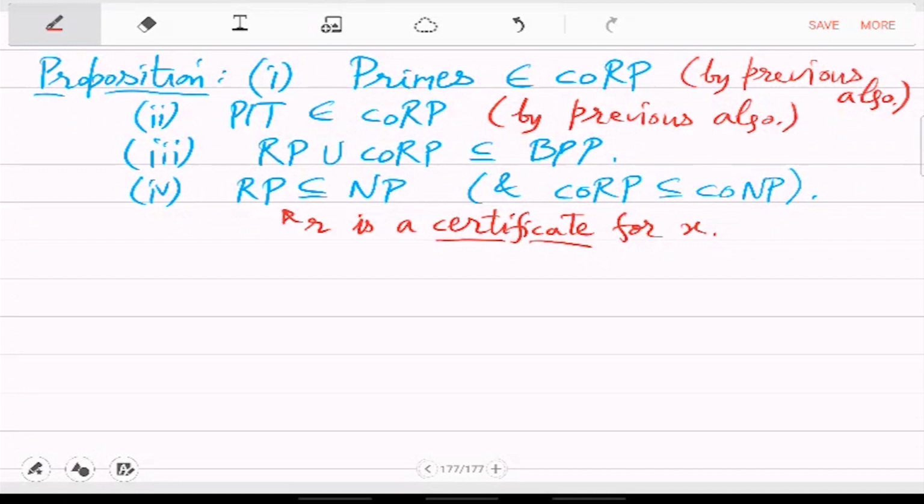Note that on the other hand, we don't know whether BPP is in NP. In the definition of BPP, the r actually doesn't certify because the error is on both sides.